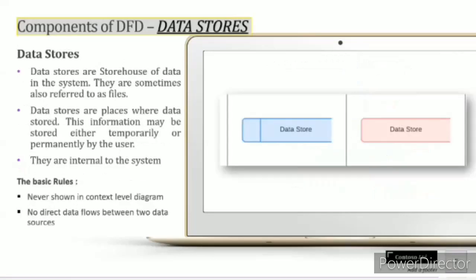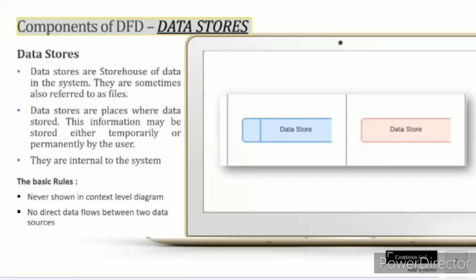The next symbol is data store, which means that data stores are storehouses of data in a system. They are sometimes also labeled as files. Data stores are places where information may be stored temporarily or permanently by the user. Data store is internal to the system in the DFD.